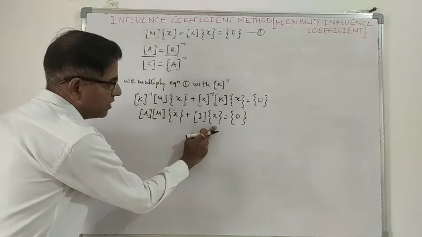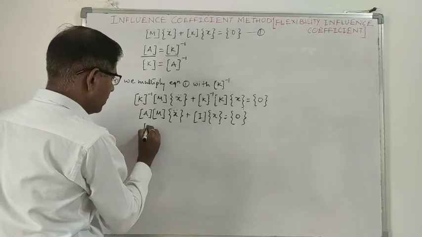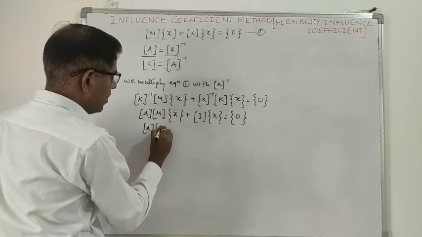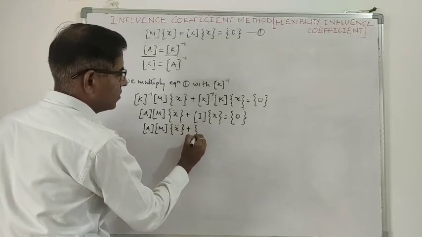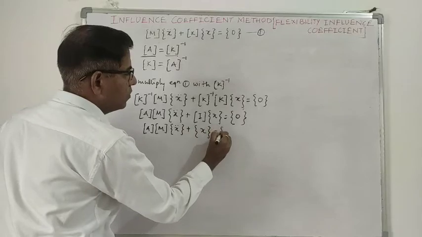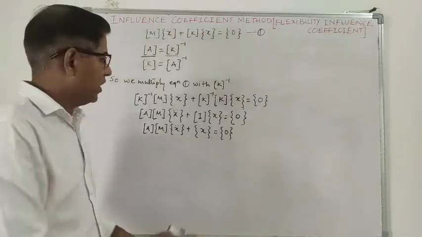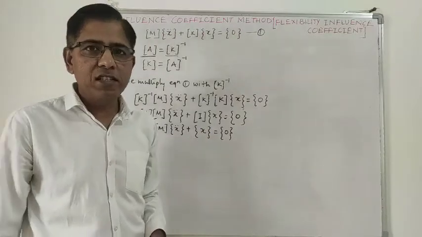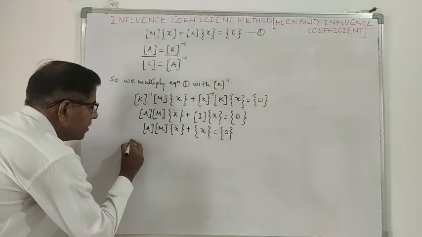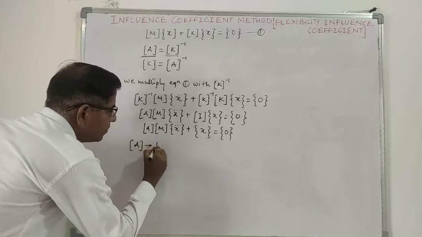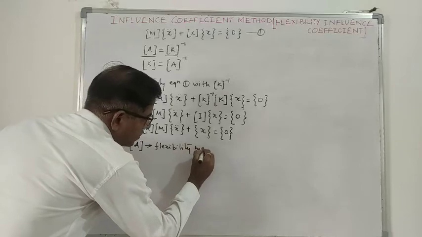And this identity matrix into X will be the X matrix only. So this will be A M X double dot plus X is equal to 0. So in this way we have converted the equation of motion in terms of flexibility matrix, where A is the flexibility matrix.